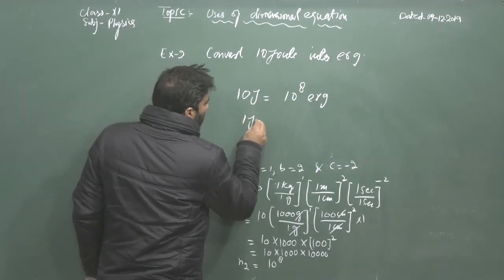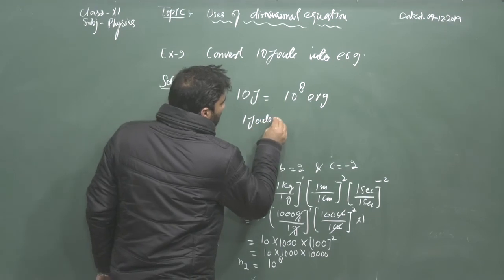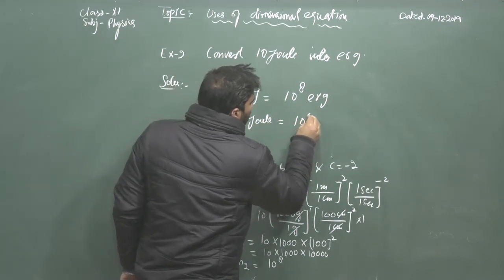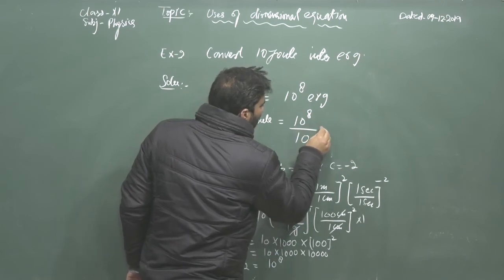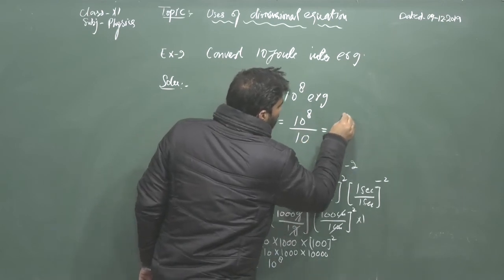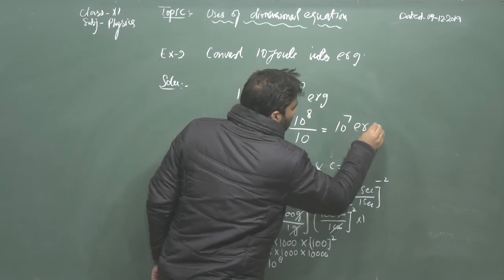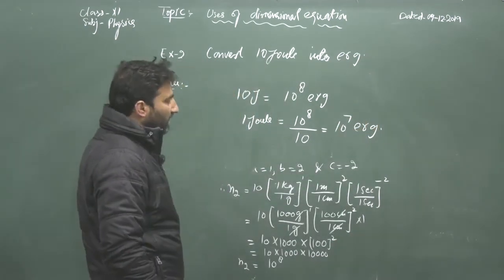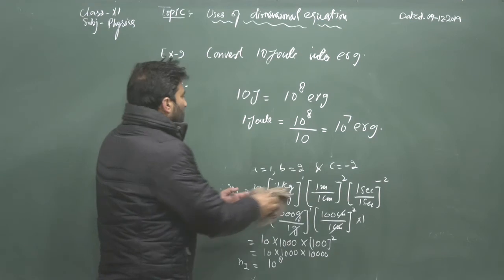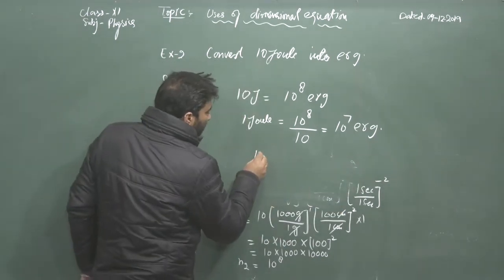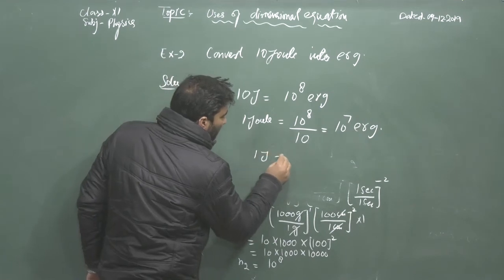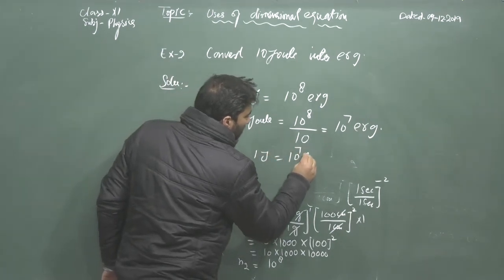So we can also write 1 joule is equal to 10 raised to the power 8 divided by 10, which is equal to 10 raised to the power 7 erg. So in short, 1 joule is equal to 10 raised to the power 7 erg.